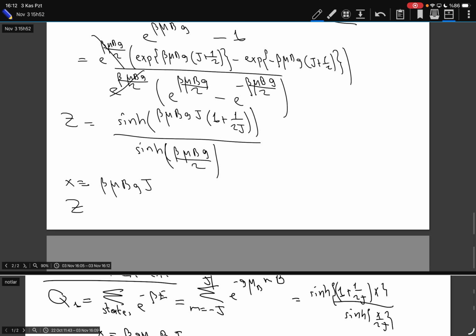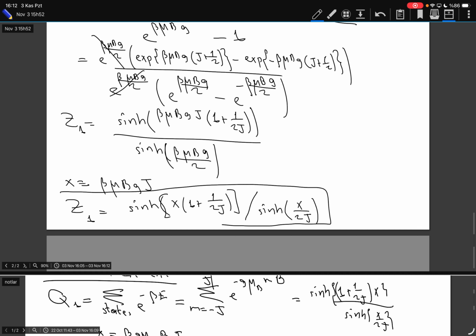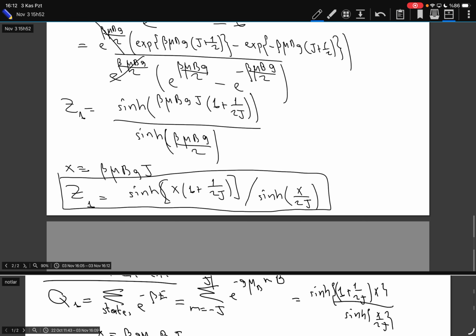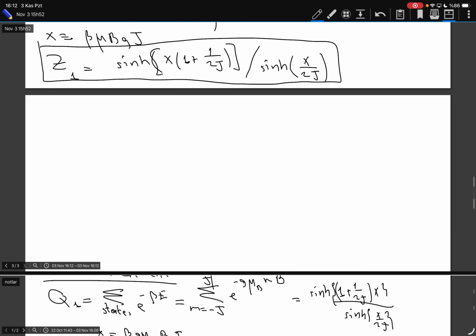So the partition function, this is of course for a single particle, will be sinh of x times (1 plus 1 over 2j) divided by sinh of x over 2j. Now I can calculate all the properties I want.